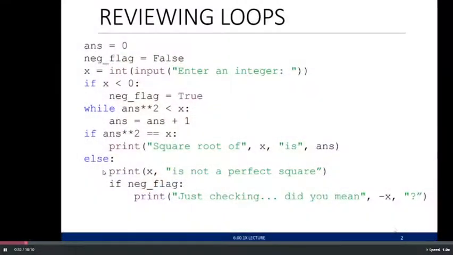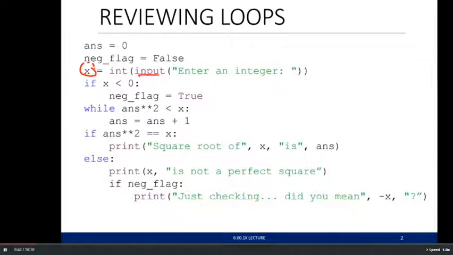Here's an example of some code that's going to compute a square root of something. And it does it by running through a loop. As we've done before, it's going to set up an initial value, which it gets here by inputting something that enters an integer. And then it's going to run through a little while loop where it does guess and check. It keeps trying different versions of answers, starting at 0, then 1, then 2, going on until it sees whether that answer squared is bigger than or equal to x.